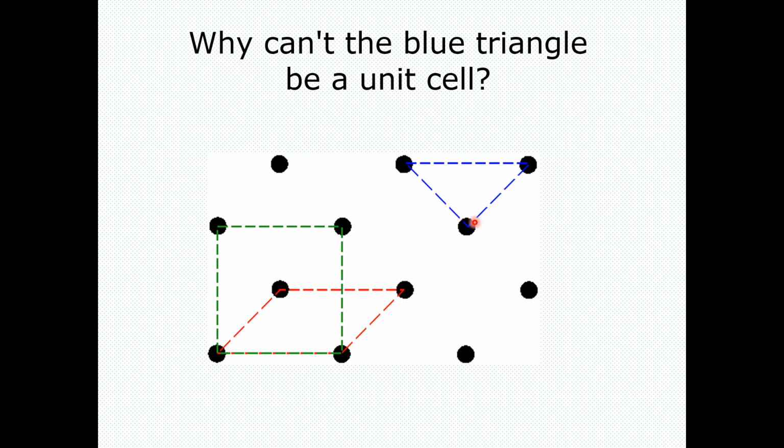That is just for your understanding. You have the concept of a unit cell now. According to your own concept, you should answer yourself why the blue triangle, the one that I'm pointing to, can't be a unit cell. You have to have a discussion with yourself.